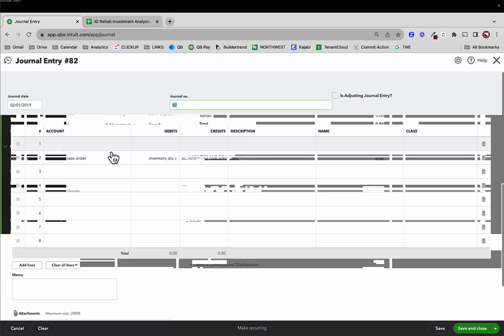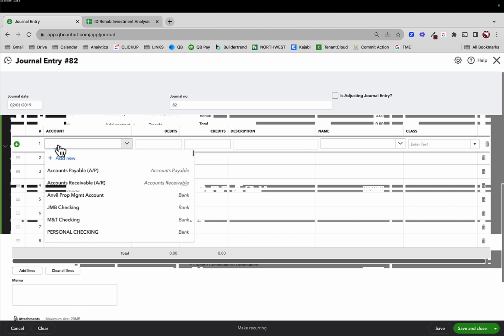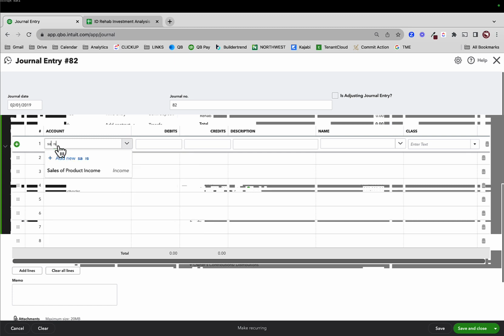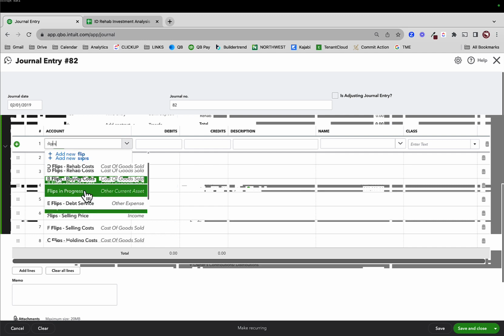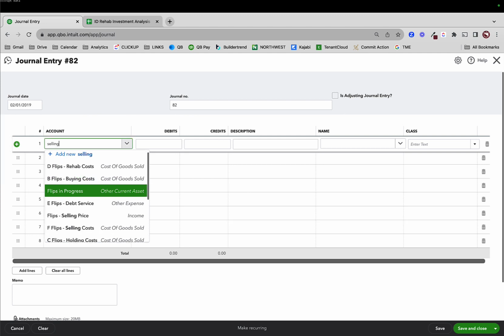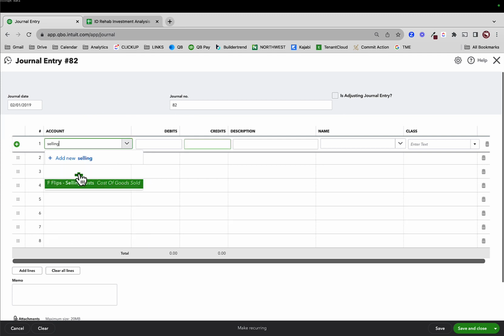Now I know I have plenty more rehab that I didn't do and all that stuff, but let's just say that I sold it. Flips selling price. Yep. So whatever you sold it for, let's just say like $350.